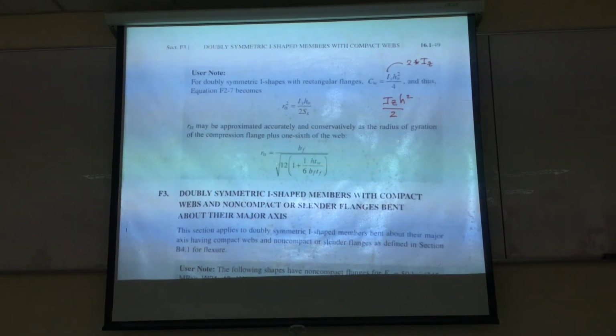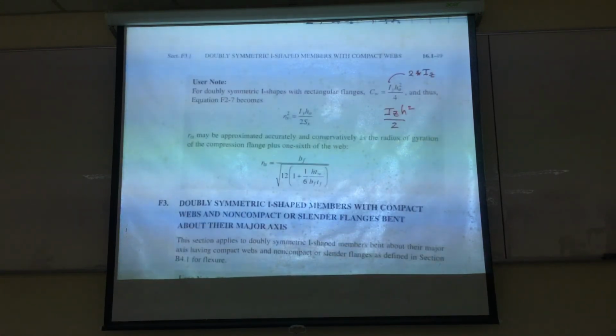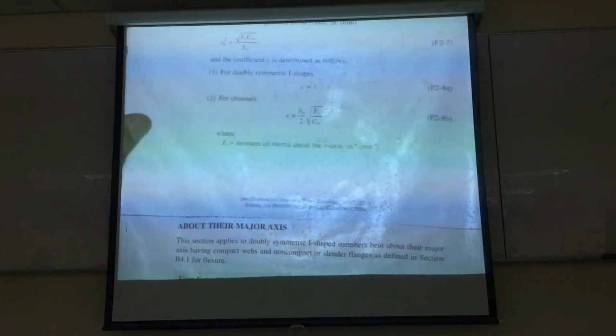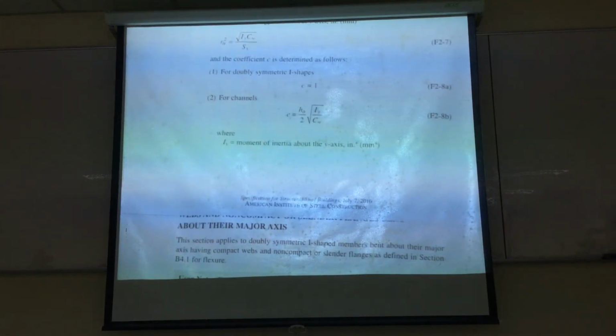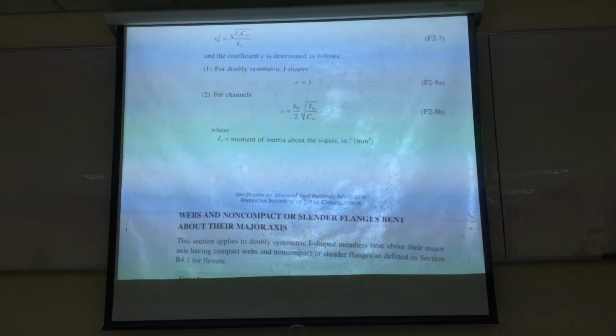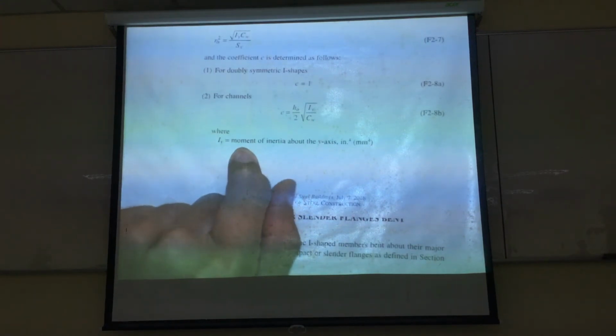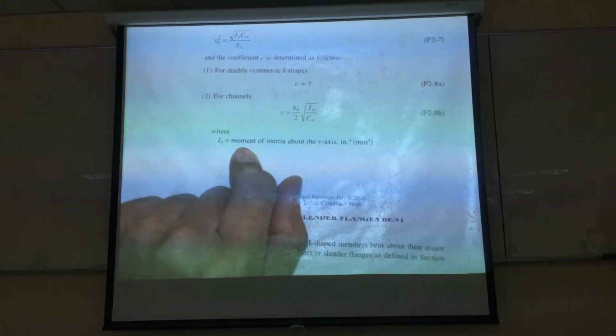Let's see. I think maybe you can find, okay, all right. I see this one here. Iy is the moment of inertia about the y-axis. So it is taken from the steel table.